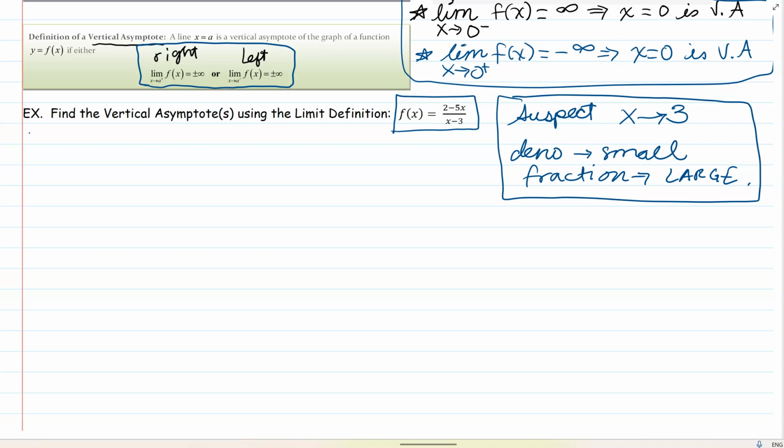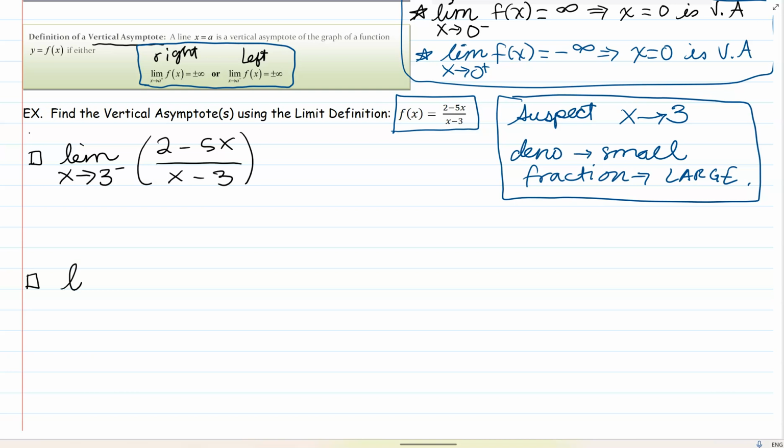Now, what are we looking at in terms of limit? We are looking at the limit as x goes to 3 from the left of the function (2 minus 5x) over (x minus 3), and also the limit as x goes to 3 from the right of (2 minus 5x) over (x minus 3).